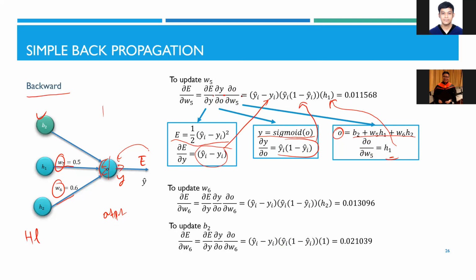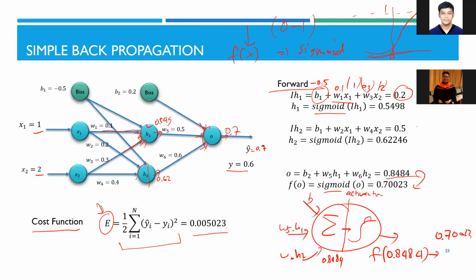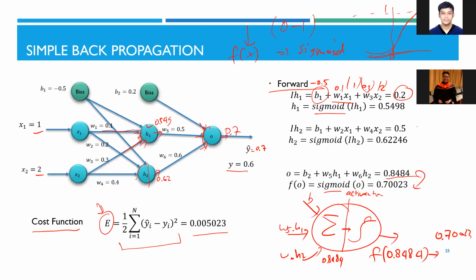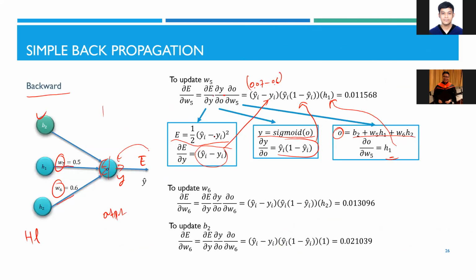We have already all the values here. Y hat is 0.7, so 0.7 minus 0.6, times 0.7 times 1 minus 0.7, times H1.